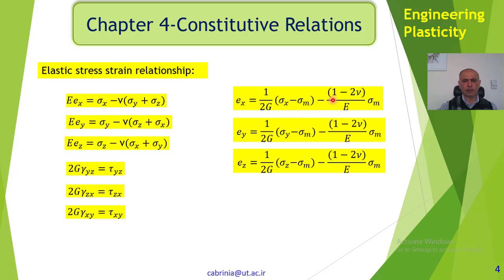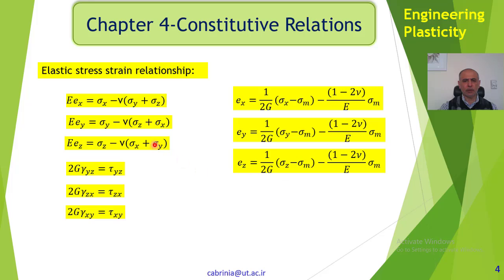And so this is the same as this, because if you put sigma 1 plus sigma 2 plus sigma 3 divided by 3 here and there, and sum it up, you will get that.